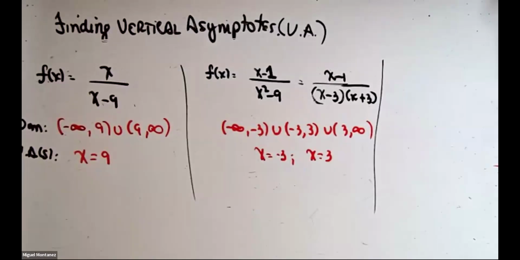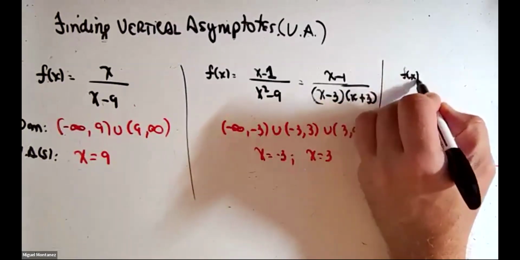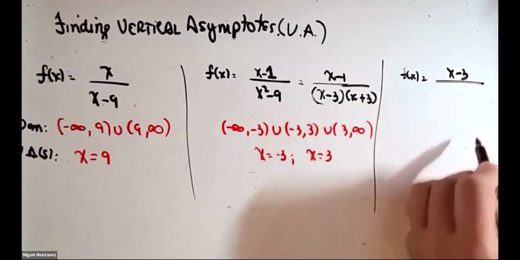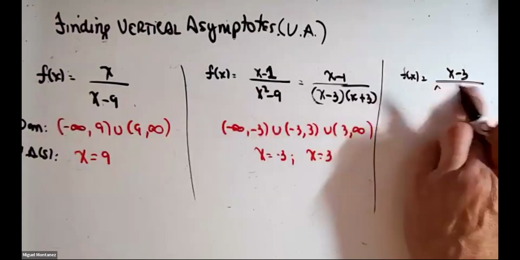Let me add the third example on this one. What if I have f of x equals x minus 3 over x squared minus 9, of course.